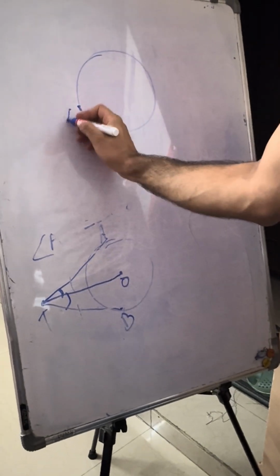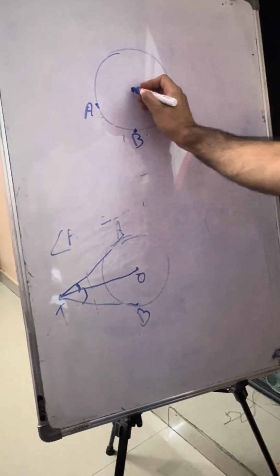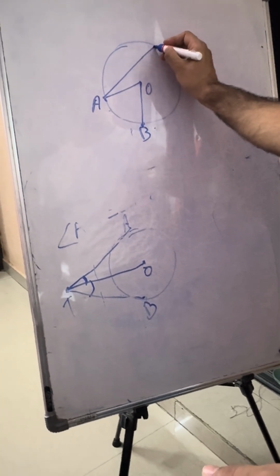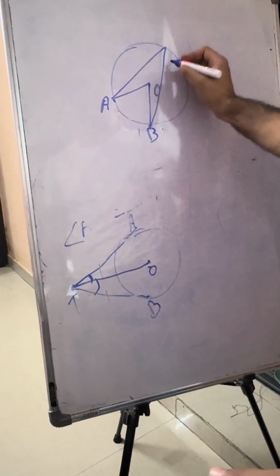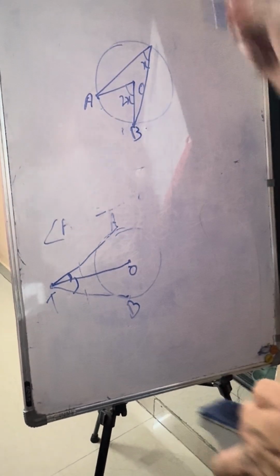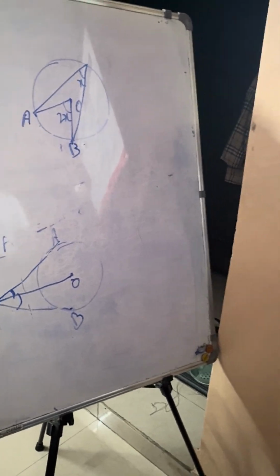Let's take this arc AB and the center: this angle AOB will be twice the angle at any point on the circle. So if this is X, this will be 2X. This is the angle subtended theorem, as you have already done in class 9.